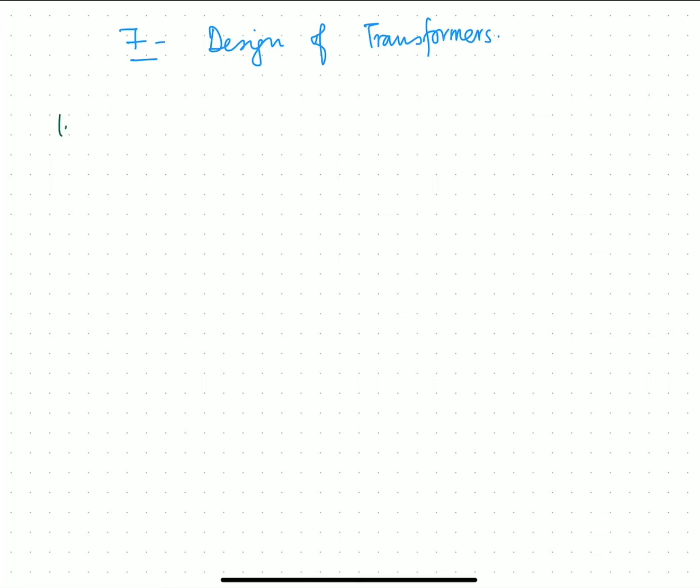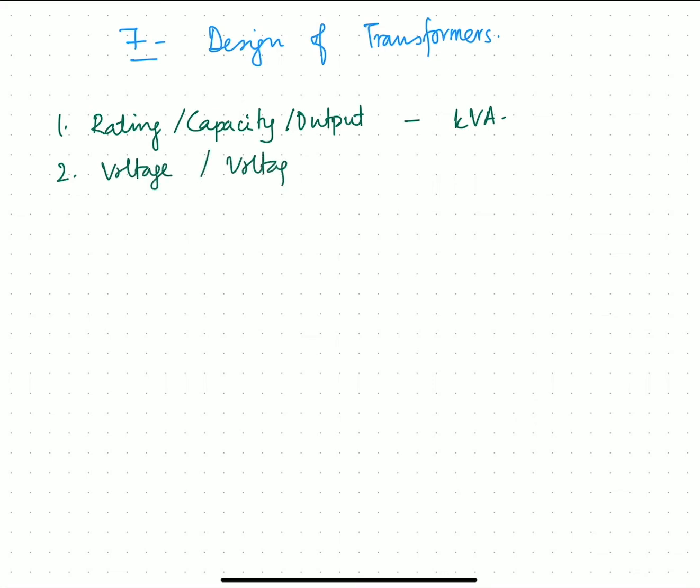The first specification is the rating, the capacity or the output. This is in kVA. The voltage or the voltage rating for HV and LV.